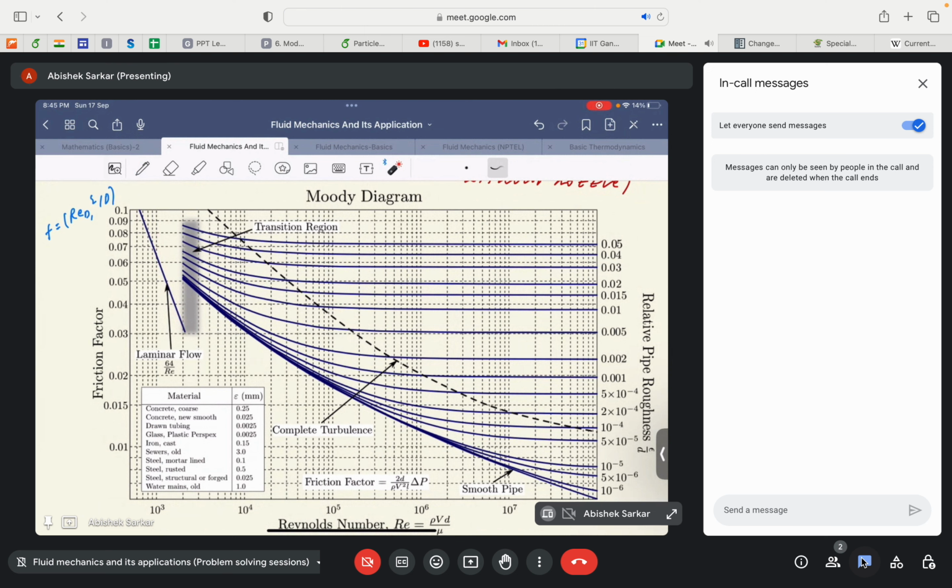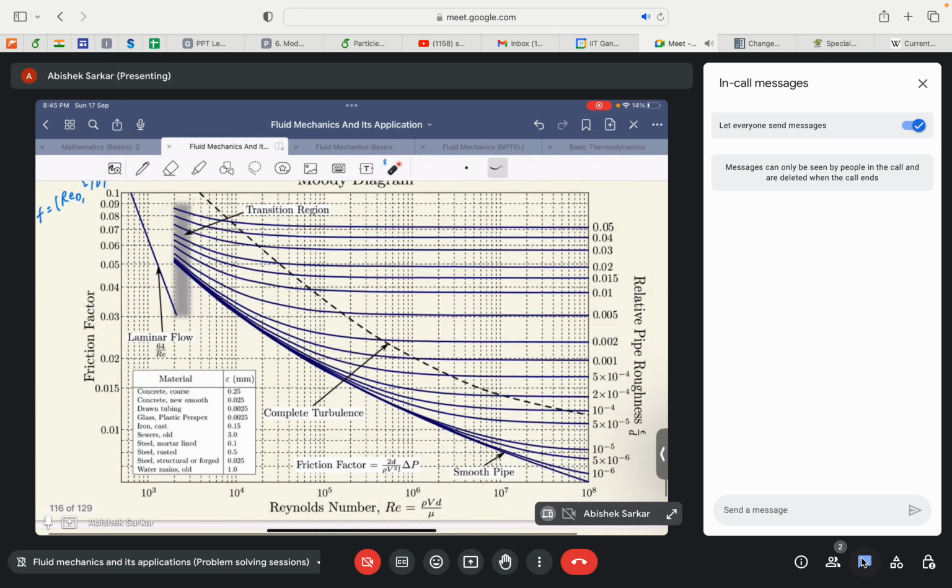So here in this chart, let me just introduce. The right hand side scale represents the value of friction factor, f, which is usually the required value. The x coordinate is the Reynolds number, which can usually be found out if the velocity of the flow field or the volume flow rate is given along with the dimensions of the pipe.